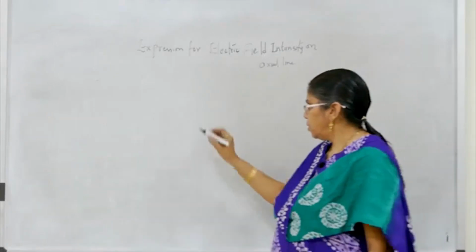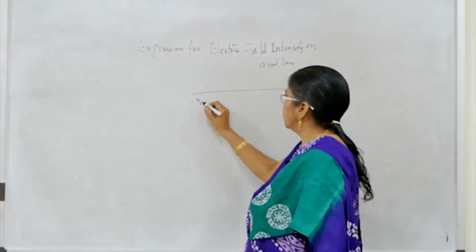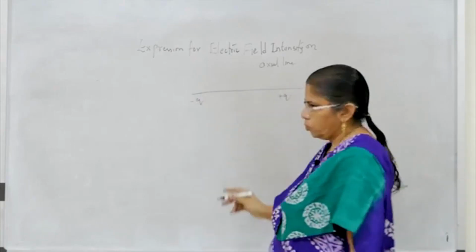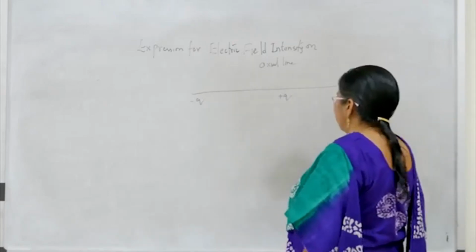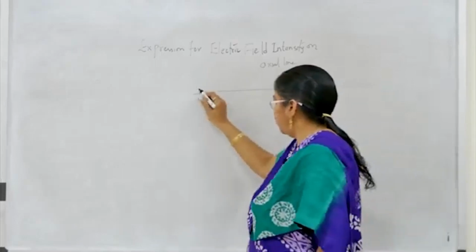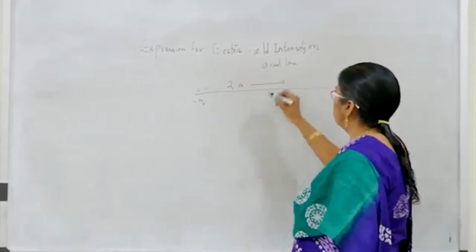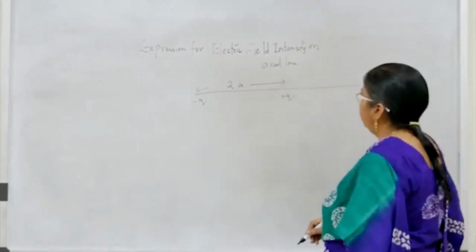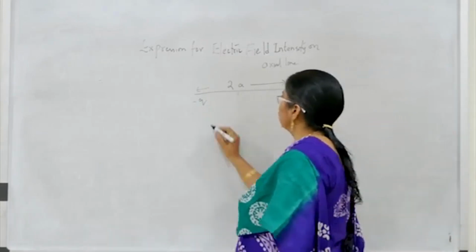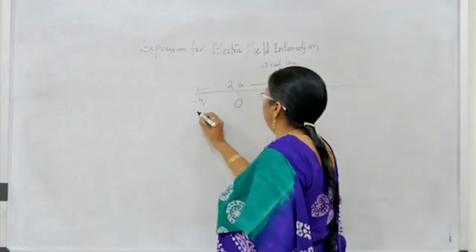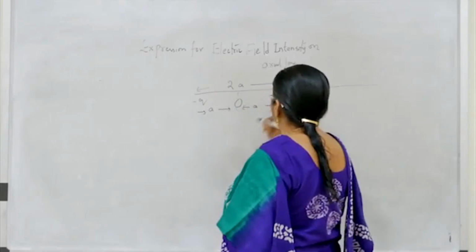For this, I take two charges minus q and plus q which are on the same line, a parallel line. 2a is the distance of separation between them, and I take the center of this dipole as O, and I divide it into a and a.